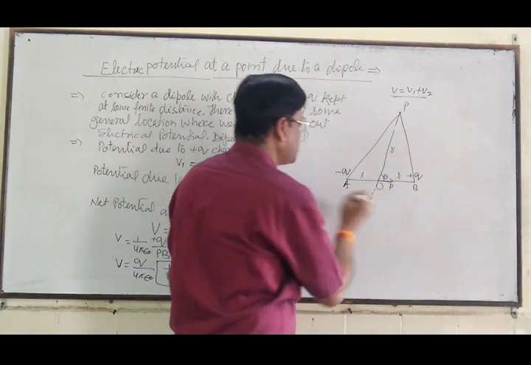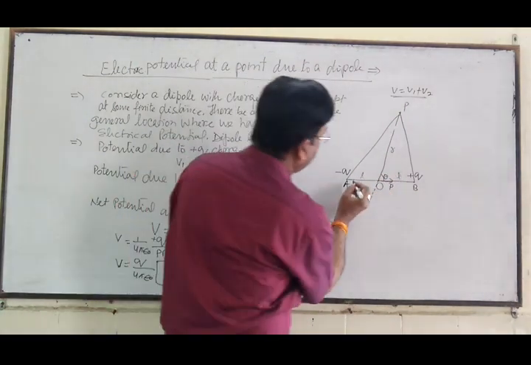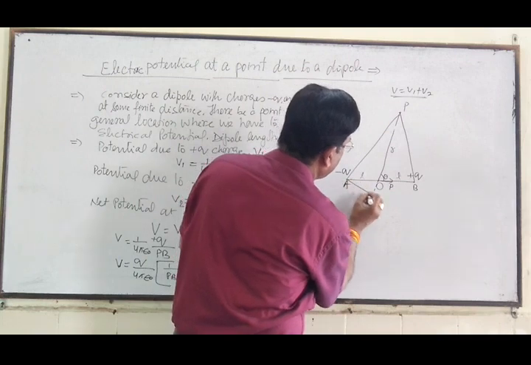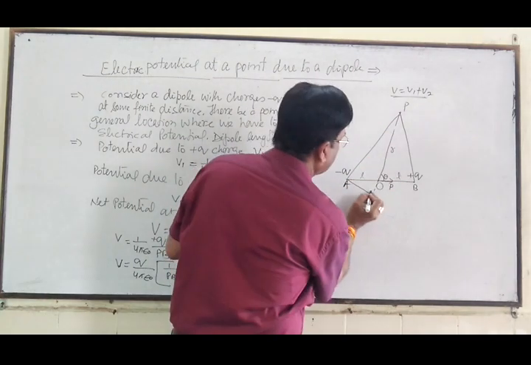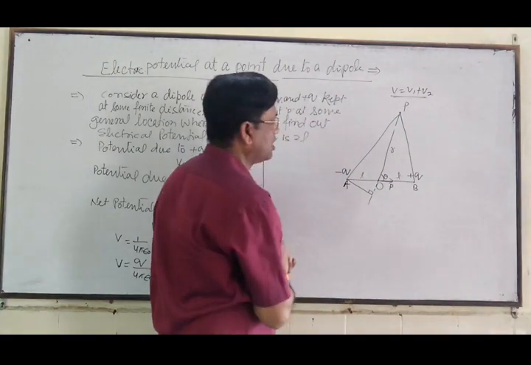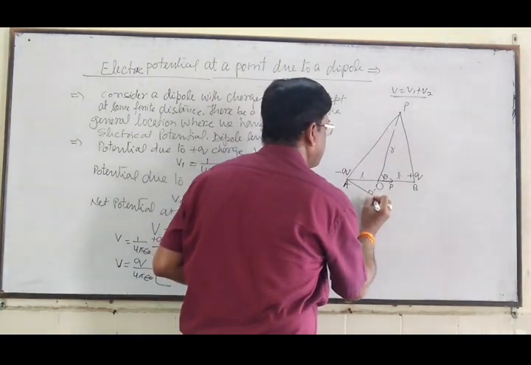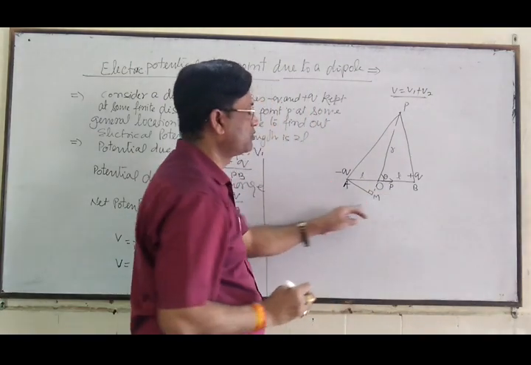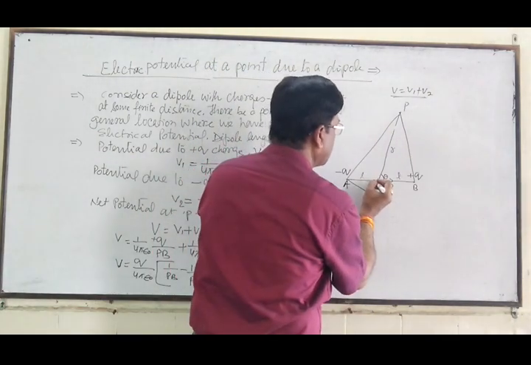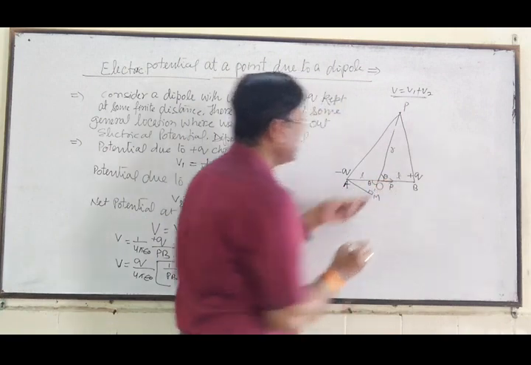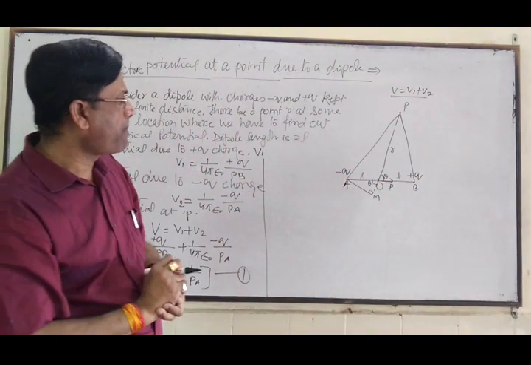Thereafter we will draw a perpendicular here, and let us name this point M. This angle is theta, then this angle will also be theta because of the vertically opposite angle.